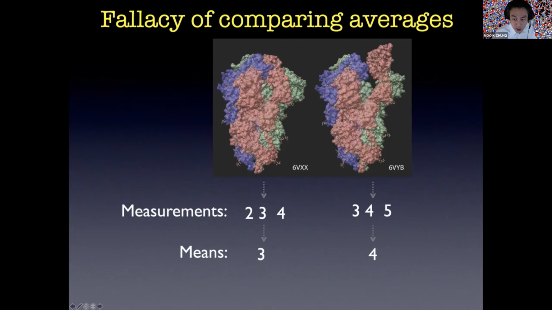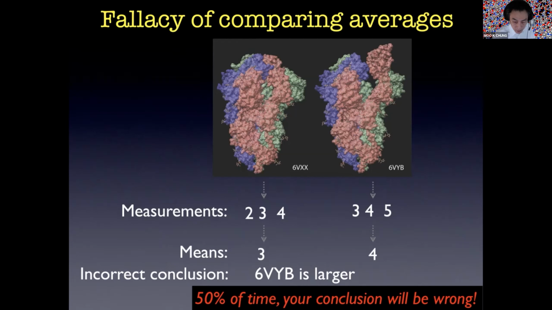So this must be different from this object or something bigger. That's the fallacy. That's incorrect, logically incorrect, mathematically incorrect, statistically incorrect. Now, this argument is only correct 50% of the time. What does it mean? It's the same as flipping a coin. You can say anything you want purely based on the measurement, average measures.